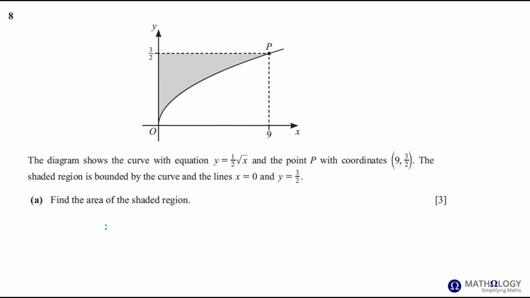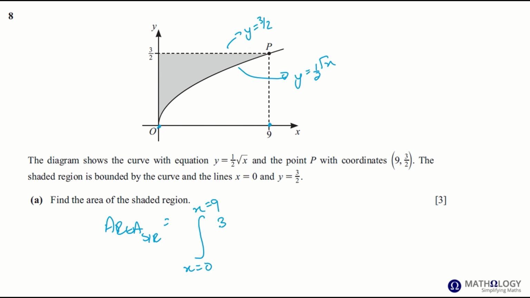Okay, so to find the area of the shaded region, we're going to be integrating between x equals 0, so the origin, and x equals 9, which is the x coordinate of point P. So the area of the shaded region will be the top curve, which in this case is y equals 3 over 2, minus the bottom curve, which is y equals a half root x.